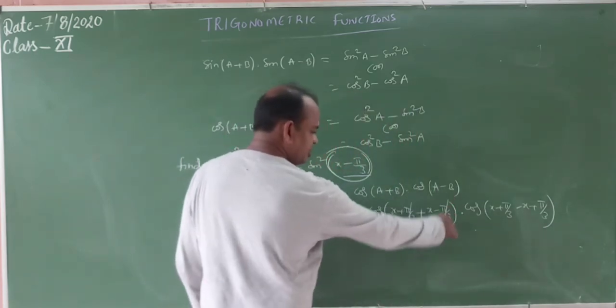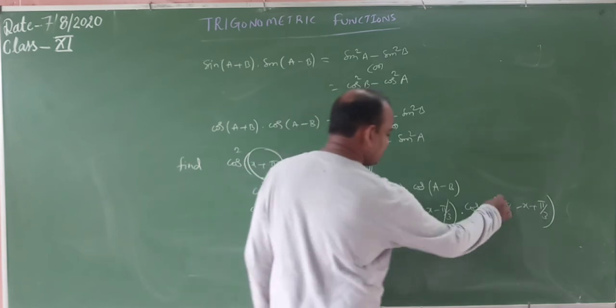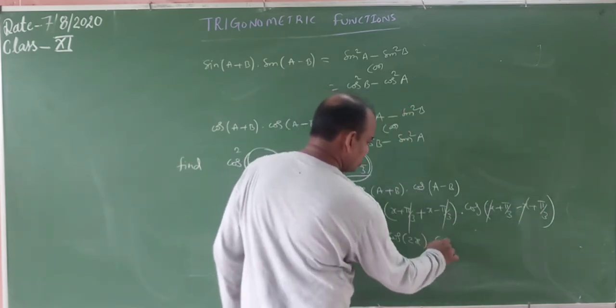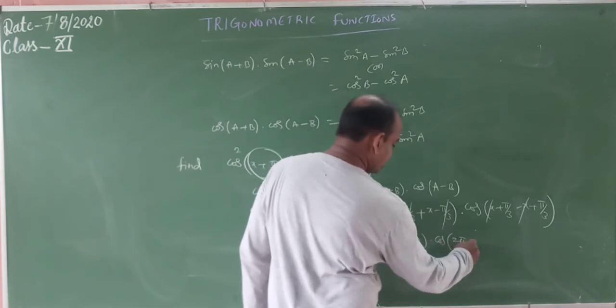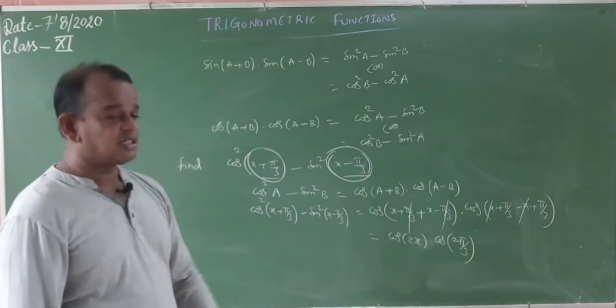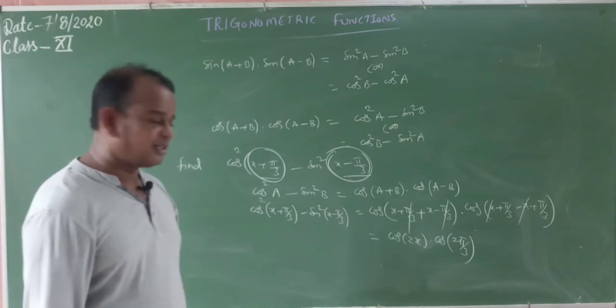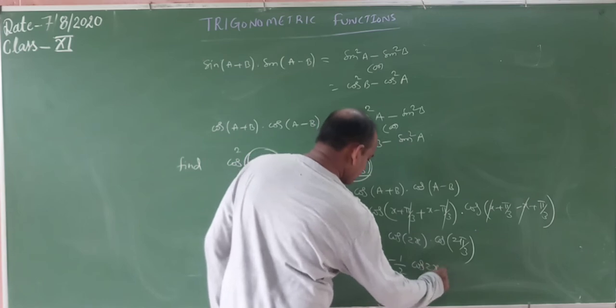Plus pi by 3 minus pi by 3 cancel. That is cos 2x. Plus x minus x cancel, into cos of 2 pi by 3. Pi by 3 plus pi by 3, 60 plus 60 is 120. Cos 120 is equal to minus 1 by 2. Therefore the answer is minus 1 by 2 cos 2x.